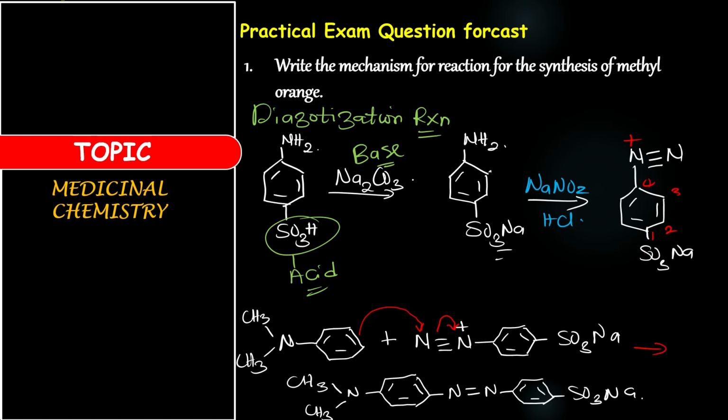So that is the mechanism for this reaction. Now, but as this thing is like this, it is not that stable. This color here is yellow. It is in the neutral form. So that is why we said that methyl orange in the neutral form or in alkaline medium is yellow.